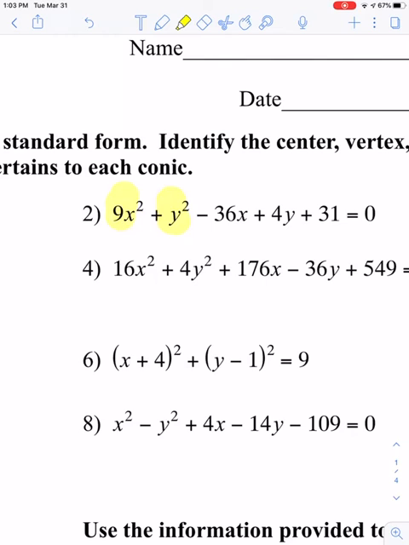It can't be a hyperbola because it is addition and not subtraction. So the addition right there rules out a hyperbola. It must be an ellipse because the coefficients on x squared and y squared are different. So it has to be an ellipse.